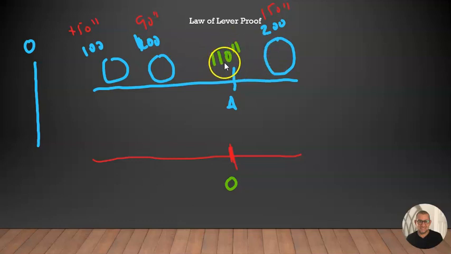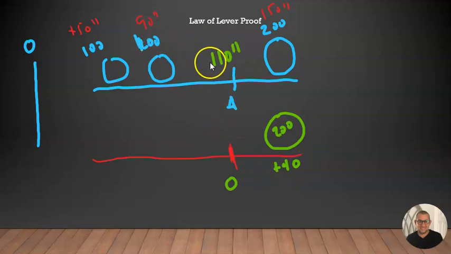From 110 to 150, the 200-pound ball is plus 40 to the right of the datum.